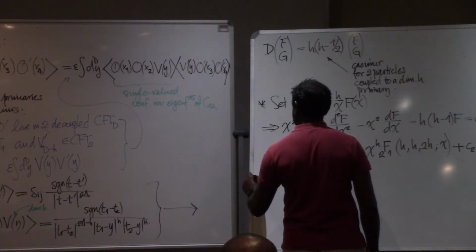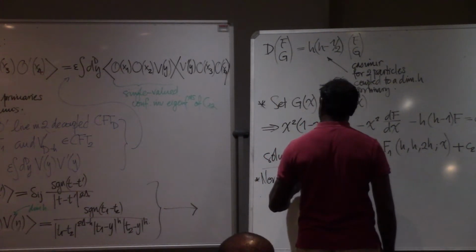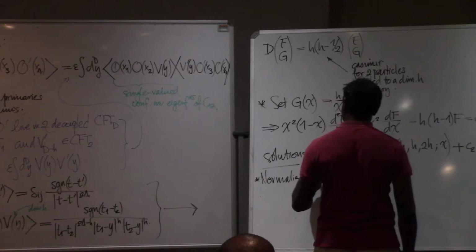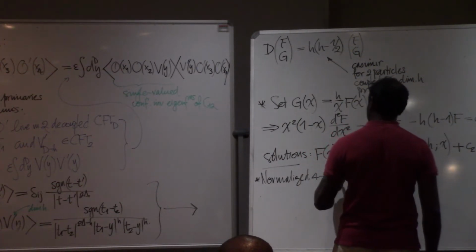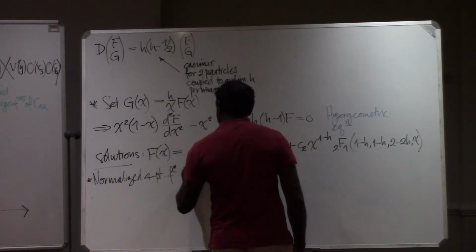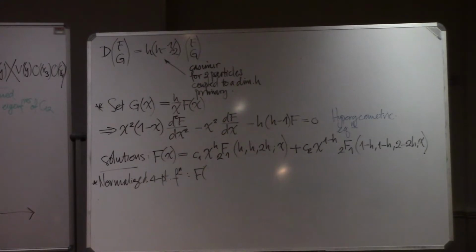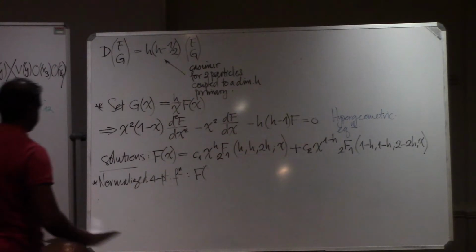The normalized 4-point function that we're going to be interested in is one that looks like the following.